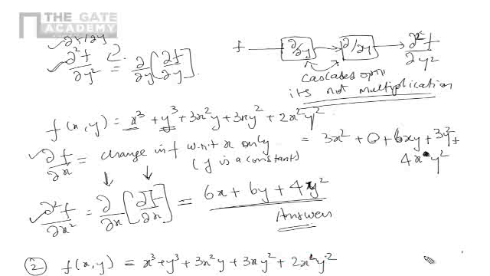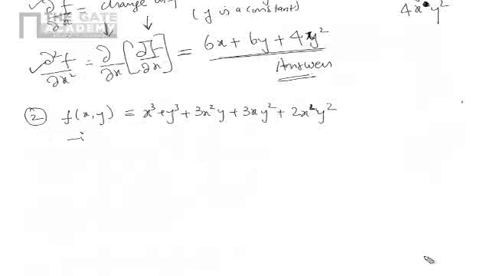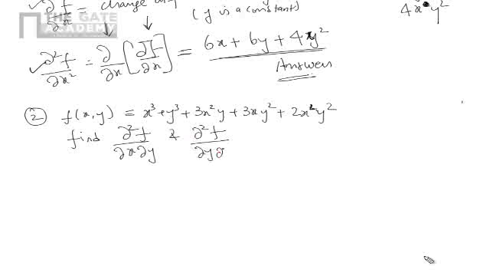This is what we are solving, right? Now let us find ∂²f/∂x∂y and ∂²f/∂y∂x. Now what do we mean by this? This is the first time we are seeing something like this.